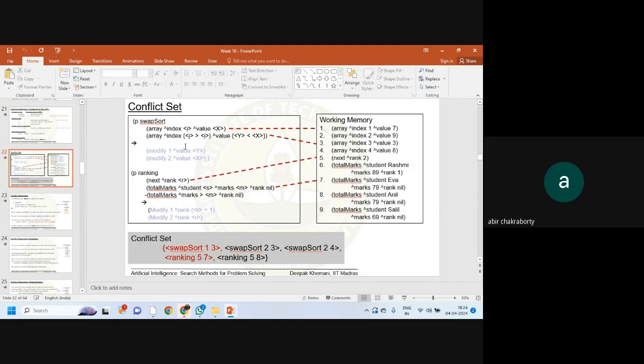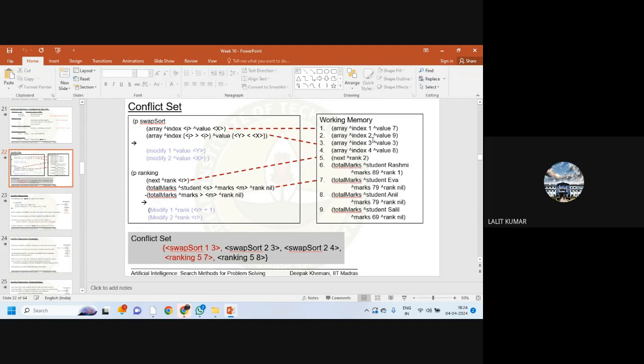Now we take index 2 and again go through all of them, comparing with 1, 3 and 4. Index 2 is greater than 1, yes, but 9 is not less than 7, so this does not match.